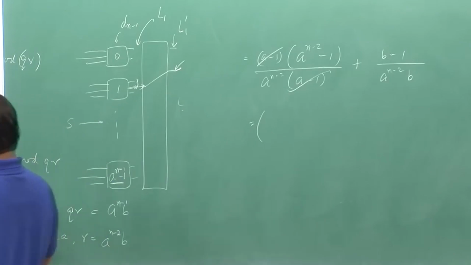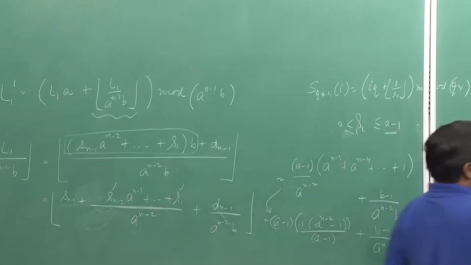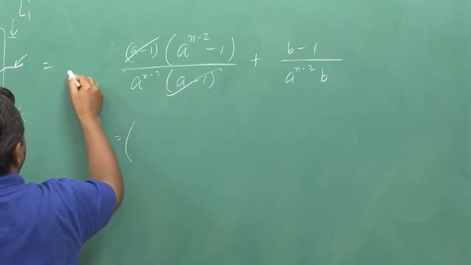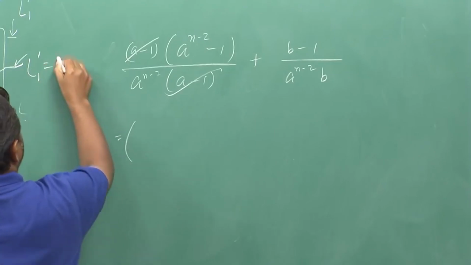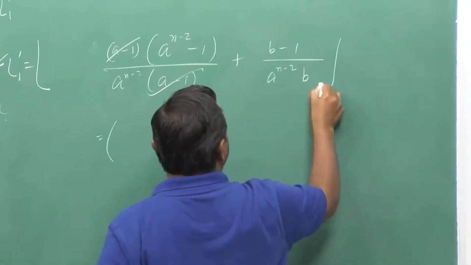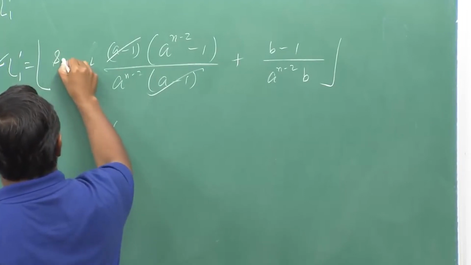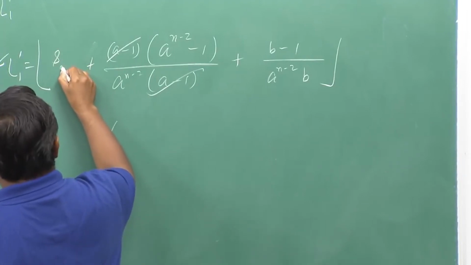So, I can put this whole expression here and write this L1 prime as the floor function of s of n minus 1.